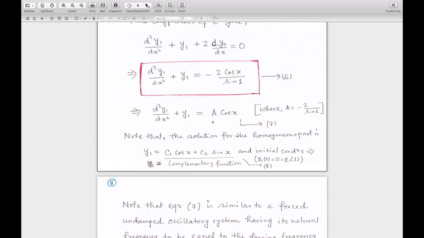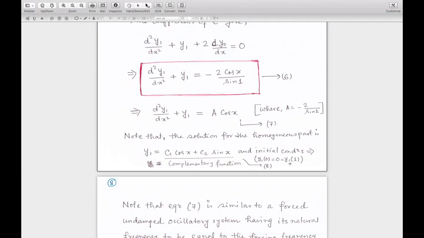The solution for the homogeneous part is known as the complementary function, given simply by d2y1/dx2 plus y1 equal to 0. So this is nothing but c1 cos x plus c2 sin x, where c1 and c2 are arbitrary constants. Okay, and the initial conditions are this.